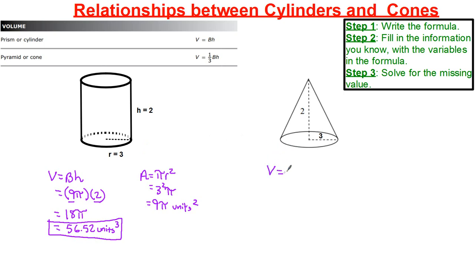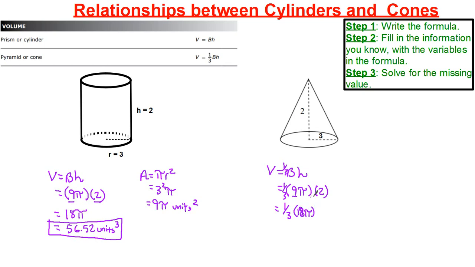So once again, our volume is going to be equal to our base times height. I already calculated the area of the base, so I'm just going to keep that there. So 9 pi, once again, multiplied by our height, which is 2, and this is, of course, going to be 1/3. So what I can do is take 1/3 of 18 pi.